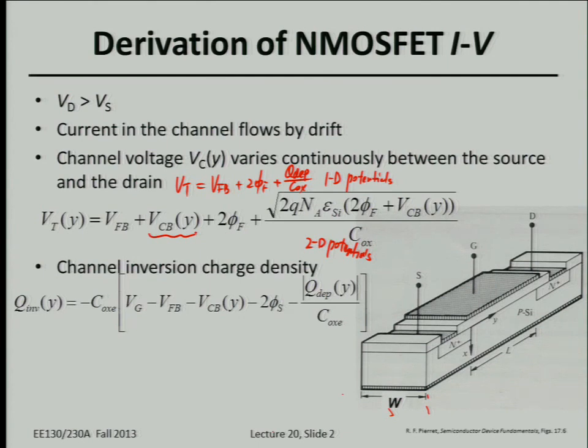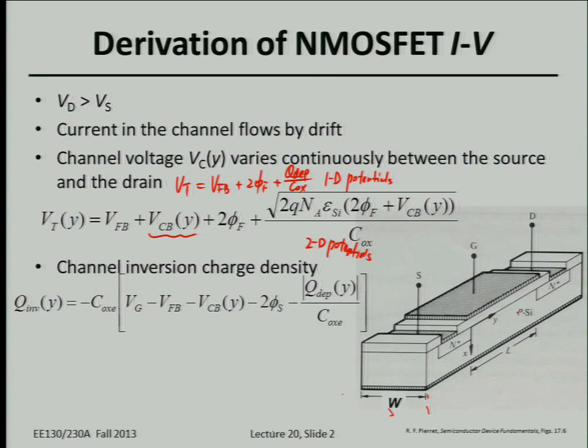Y is your current flow, the lateral direction. So right now, if I apply a higher bias on the drain side and a lower bias on the source side, then you should expect a voltage drop laterally from the drain to the source.